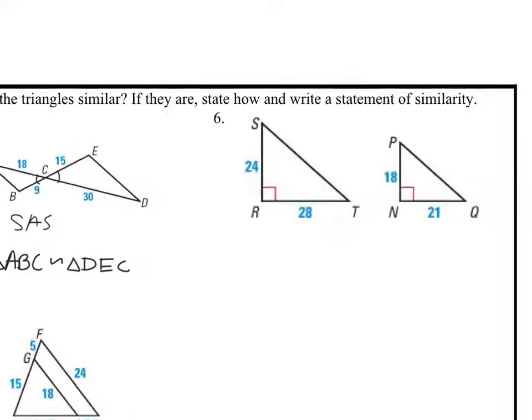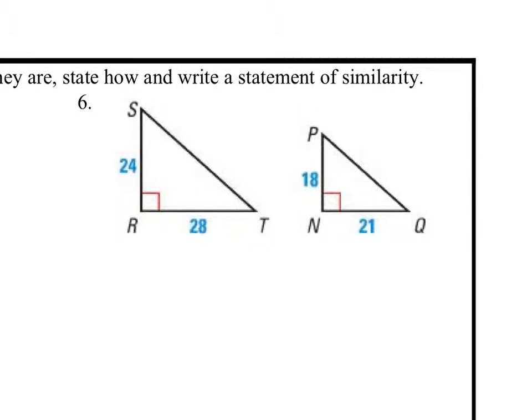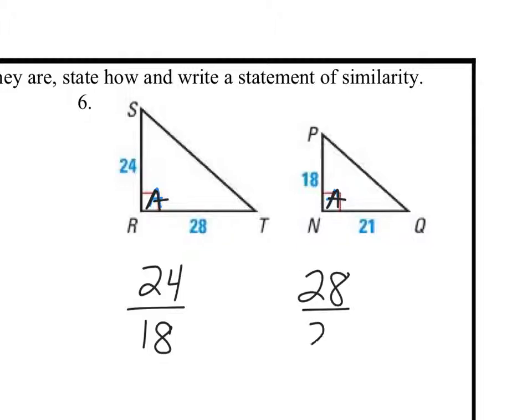Okay. Number 6. You have an included angle that's congruent. You have some pairs of sides. You need to check and see if they're proportional before you just assume that they are. 24 over 18 and 28 over 21. Can you please simplify those two fractions?